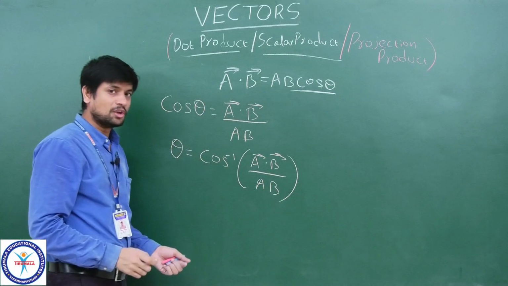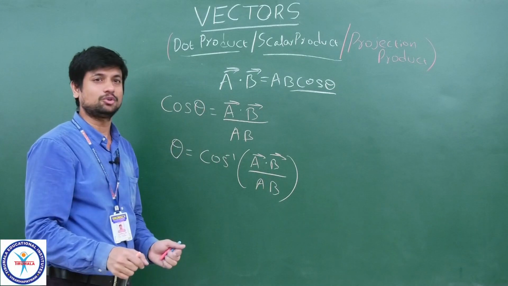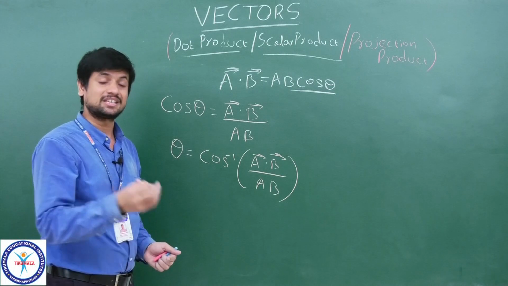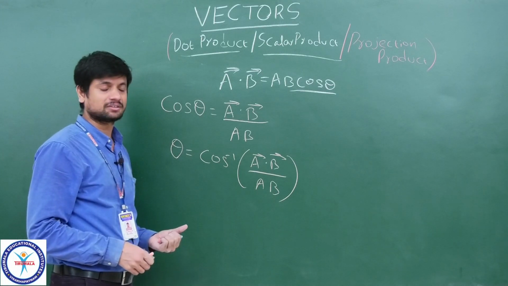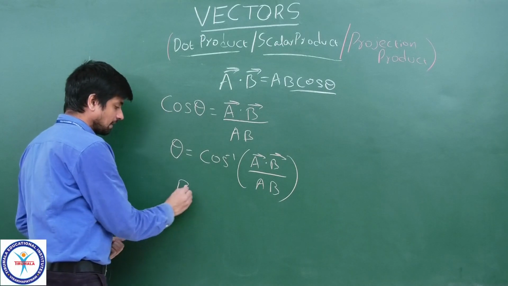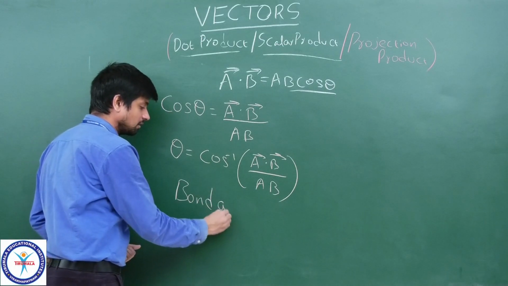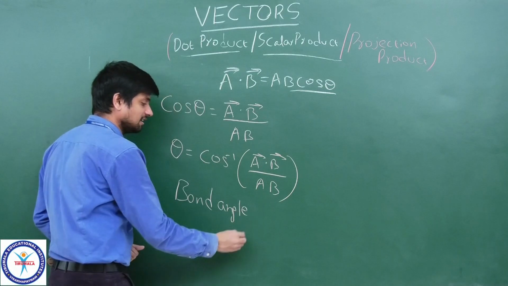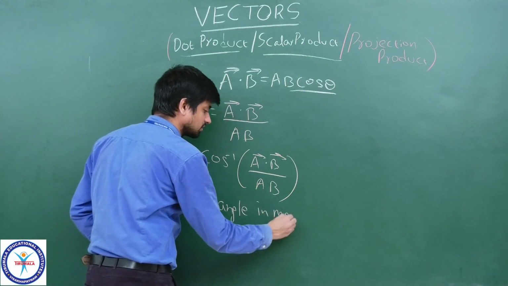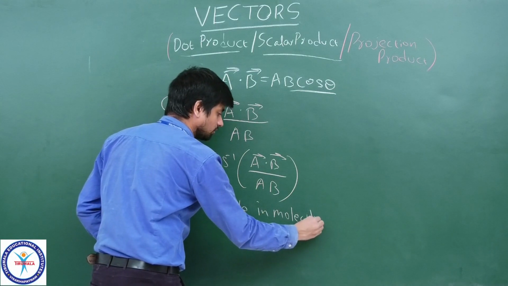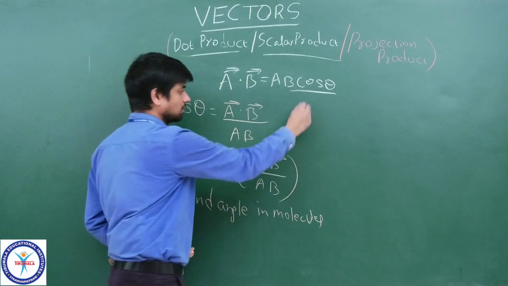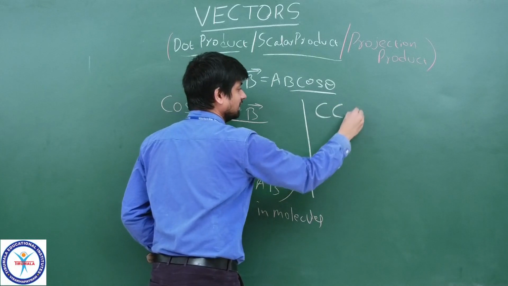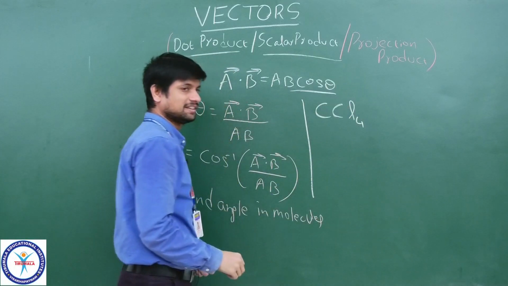I said before, vector mathematics is important to study physics and chemistry also. What is the main application? To find out the bond angle in molecules. So take one molecule, CCl4. What is that?